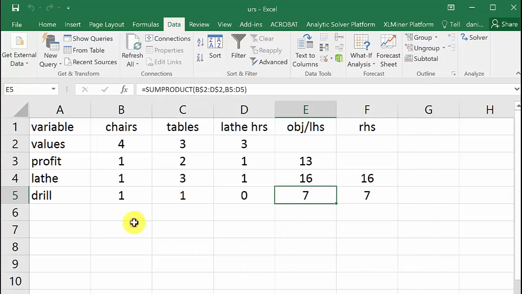We don't know what it is yet. And lo and behold, it's making more money than it did before. 11.5 is what it did before, but it's selling spare lathe hours. So it's making 4 chairs and 3 tables.